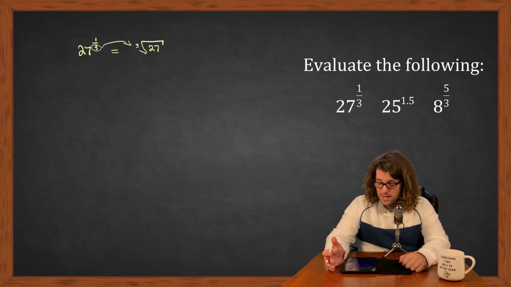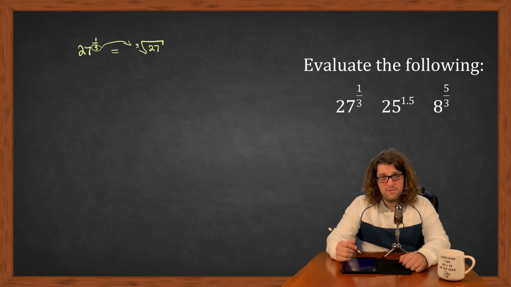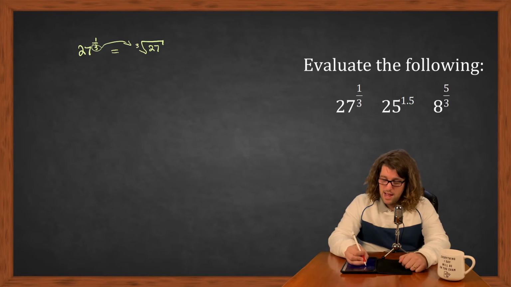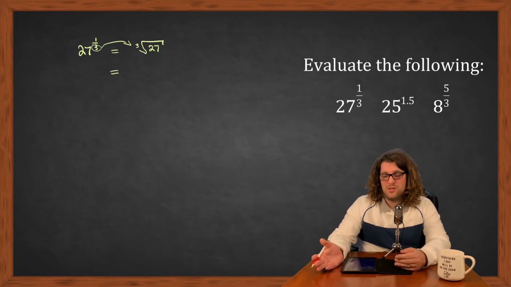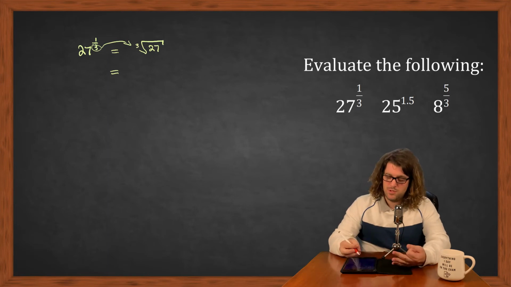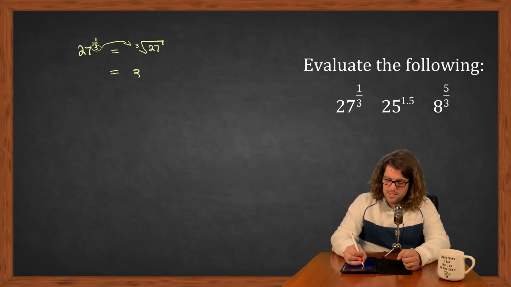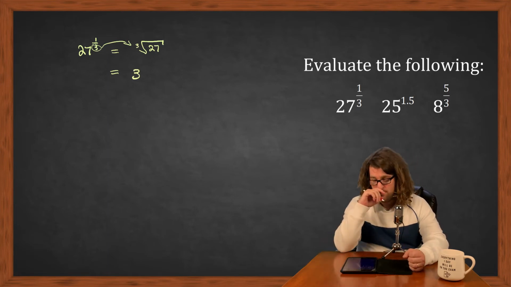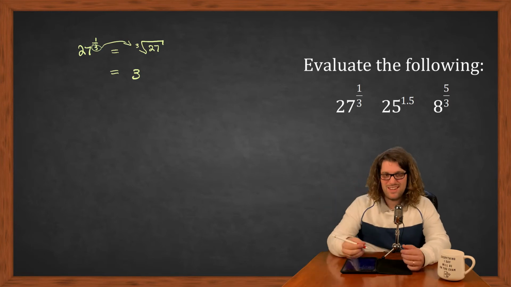So in this particular case, I'm going to get the third root of 27 is the equivalent to 27 to the 1/3 power. Great. I actually do know that 27 is a nice perfect cube, so the opposite of cubing something is cube rooting it, and so I would have 3 times 3 times 3 gives me 27, so the cube root of 27 ends up being a 3. Awesome, so that's that first one.